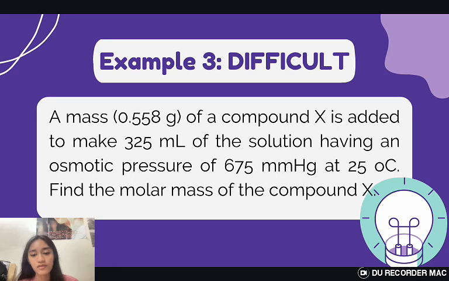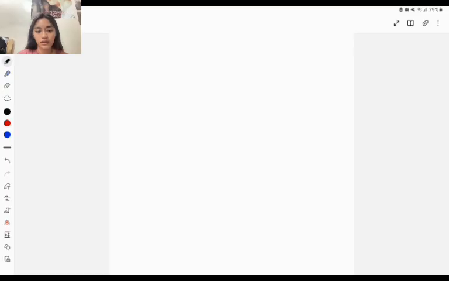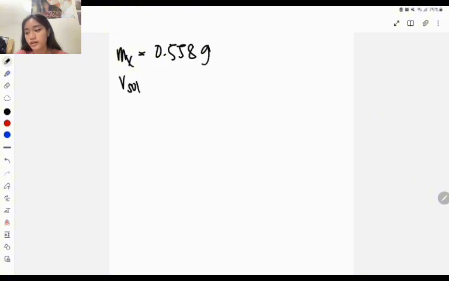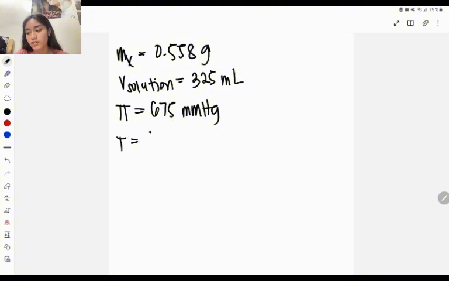Find the molar mass of the compound X. Let's identify the given. The mass of the compound X is 0.558 grams. The volume of the solution is 325 milliliters. The osmotic pressure is 675 millimeters of mercury, and the temperature is 25 degrees Celsius.